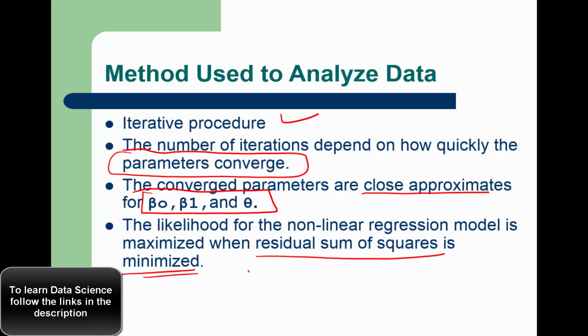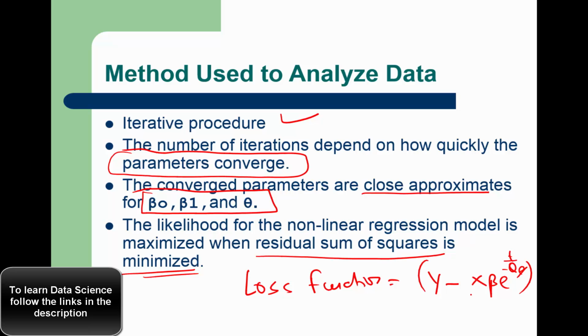So here also we just define a loss function which takes care of y minus f of x, where x is your independent variable and some sort of a beta. Right, here we have beta and then the exponential term t by theta.